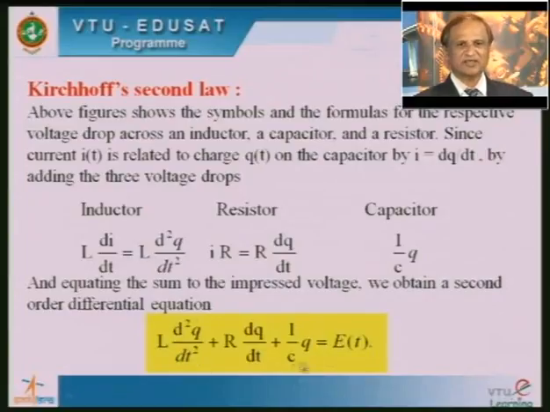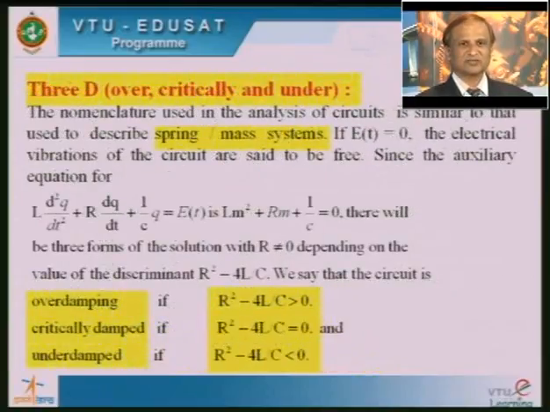Exactly in the similar way we can find out the solution of this equation, right. And it is a non-homogeneous term. The entire equation we may call it a non-homogeneous equation. For the time being, if you want, you can replace E of t by 0, then it becomes a homogeneous equation. So you can solve the homogeneous equation, then we will try to find out the solution of a non-homogeneous equation.